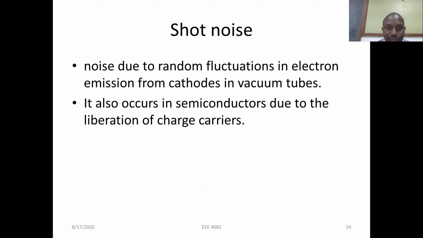Next, let's talk about shot noise. Shot noise is another example of external noise. This is noise due to random fluctuations in electron emission from cathodes in vacuum tubes. It also occurs in semiconductors due to the liberation of charge carriers. So as the charge carriers move and get liberated, you have some noise being generated, and that noise is shot noise.